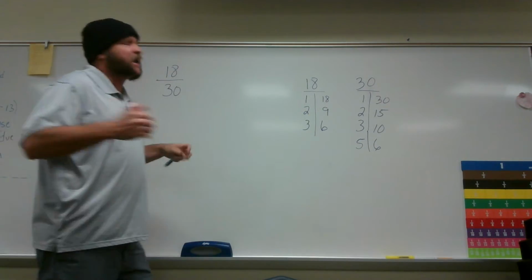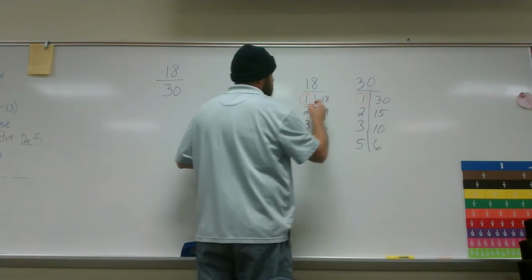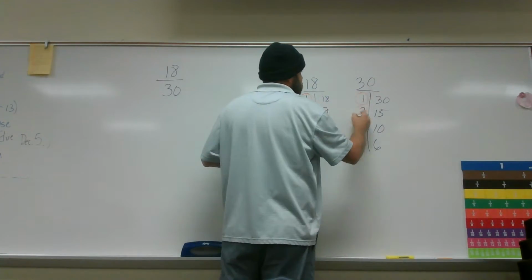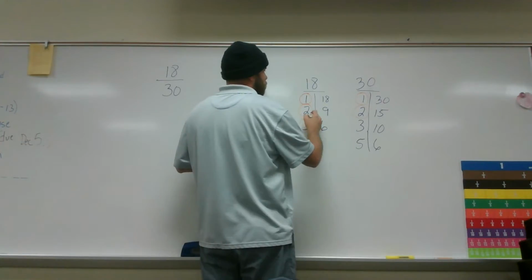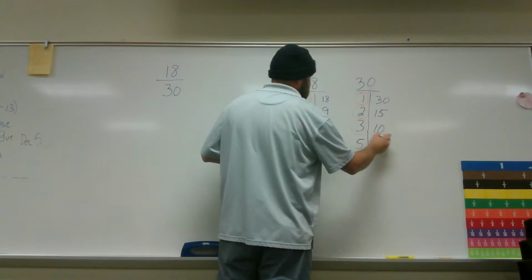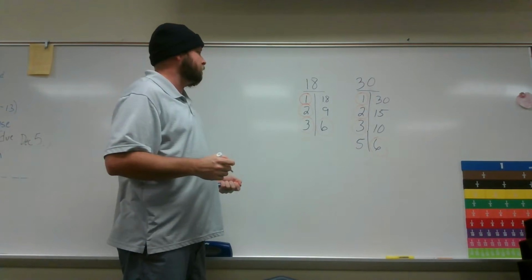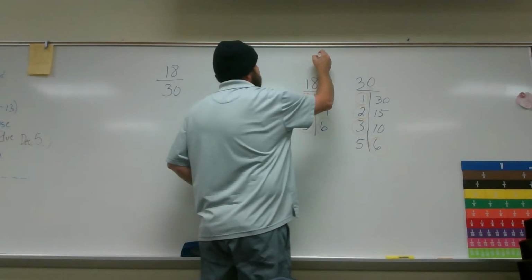So I'll find my common factors. They both have a 1. They both have a 2. They both have a 3. And they both have a 6. So the greatest common factor is 6.